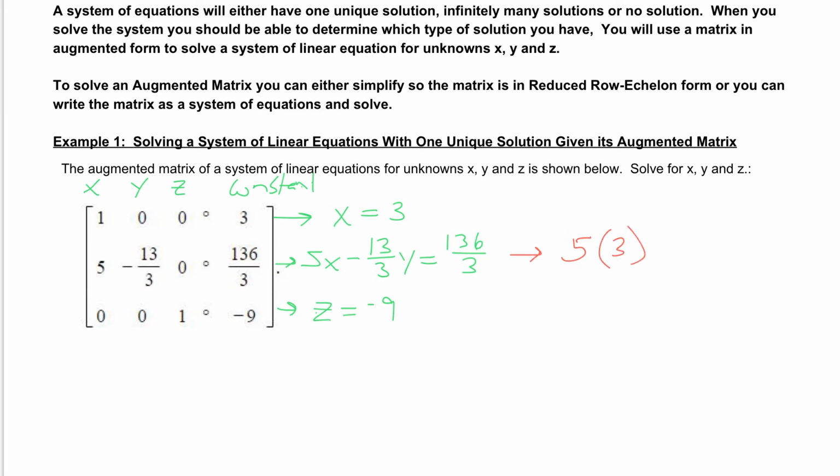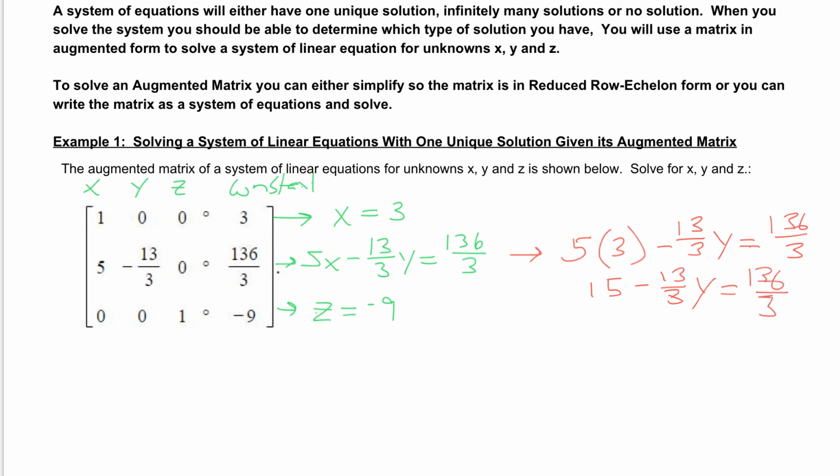So just so you know, this x right here became that 3. That's where that 3 was coming from. Back to our equation, we have minus 13 over 3 times y, and that's equal to 136 over 3. 5 times 3 is 15, so we have 15 minus 13 over 3 y equal to 136 over 3.